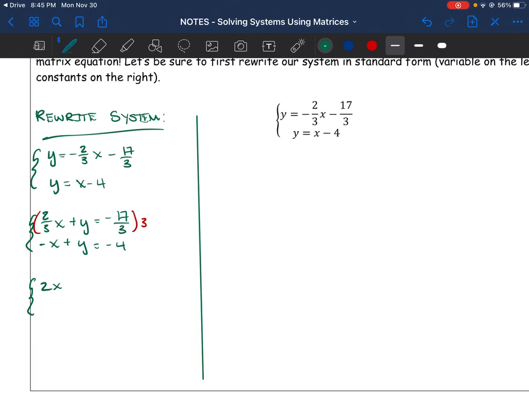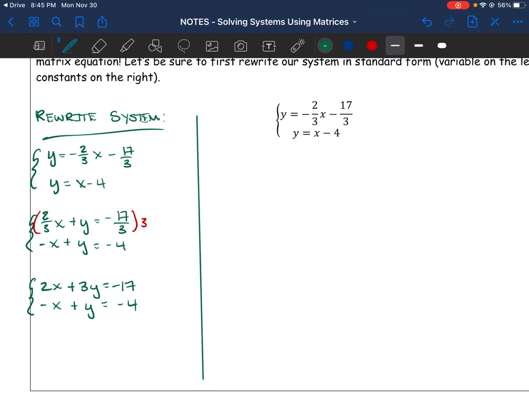We would have 2x plus 3y equals negative 17. And in the bottom equation of the system, there's nothing we need to worry about. We're going to keep it as negative x plus y equals negative 4. Okay? So this is our system rewritten so that it's easier to write our matrix equation.